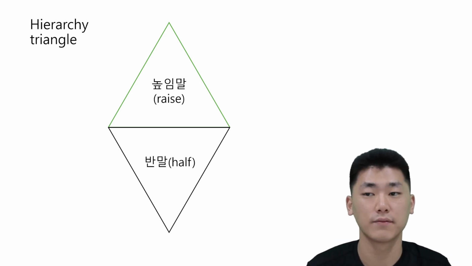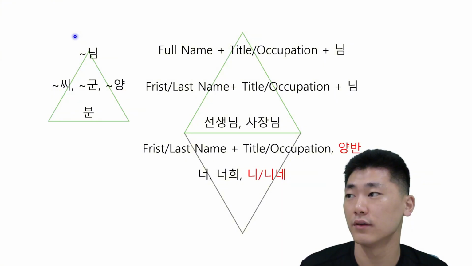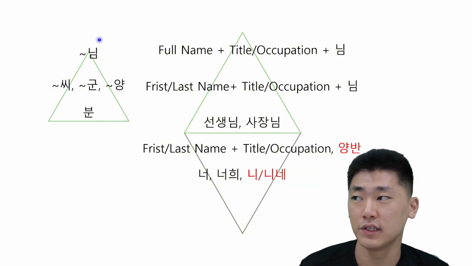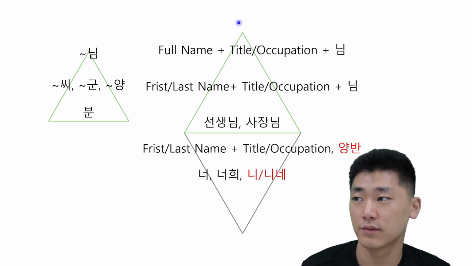Let's take a recap of the addressing system we learned today. Let's start with the honorifics and pronouns. At the top, we have someone 님, and at the middle, we have someone 씨, someone 군, someone 양, and at the bottom, we have someone 분. And move on to the next pyramid, which is about title and occupations.